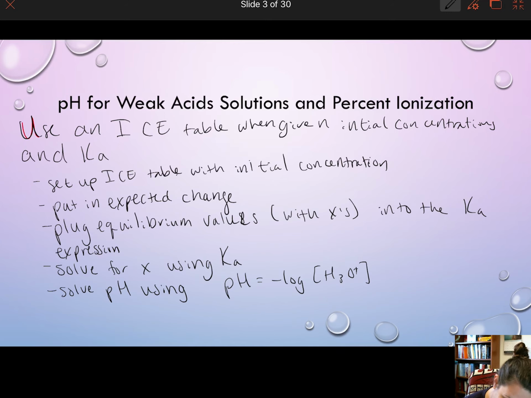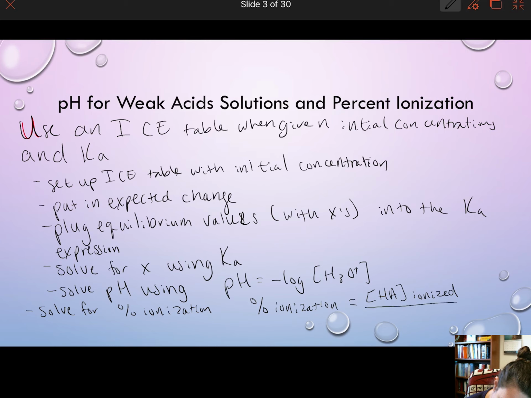We can also solve for our percent ionization. Using the following expression, percent ionization will be equal to the concentration of HA that is ionized divided by our initial HA.